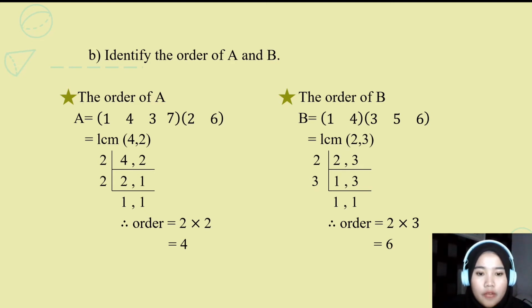So the order of A is 4. Next we move to the order of B. B is (1 4) and (3 5 6). We use LCM also. So we get 2 and 3 from the cycles in B. So from the LCM, we get 6. So the order of B is 6.